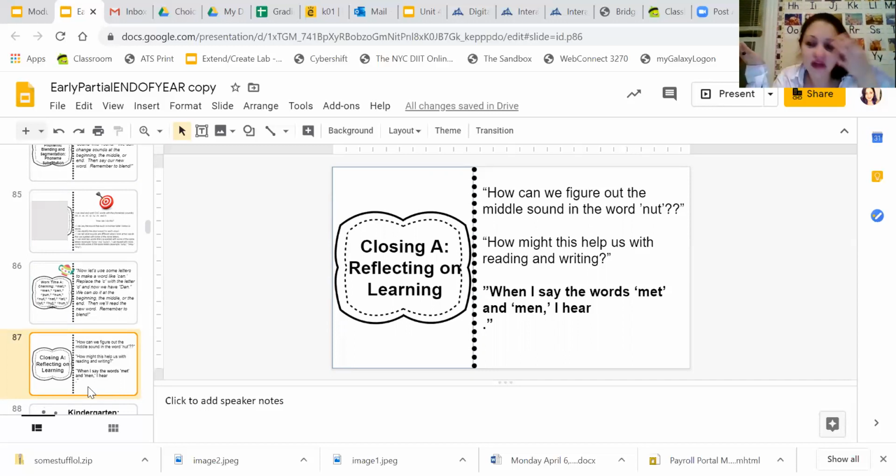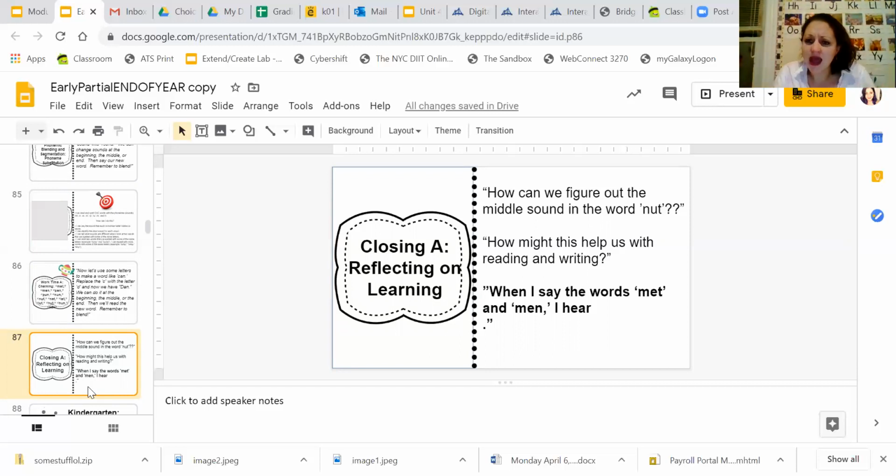So how can we figure that out, friends? How do we know what the middle sound in the word is? I know. When you tap it out, it's the middle tap. So the middle sound in the word nut is the middle letter, because I'm tapping the middle letter.